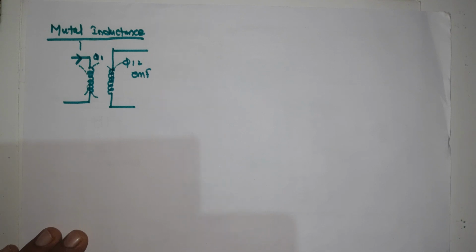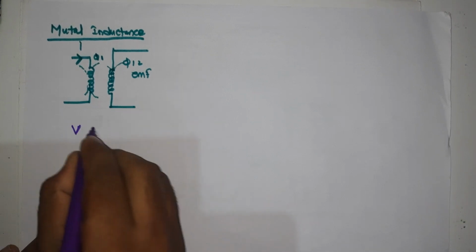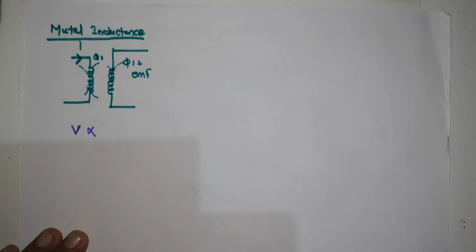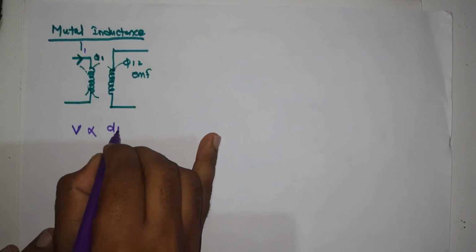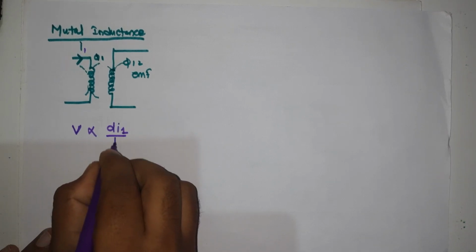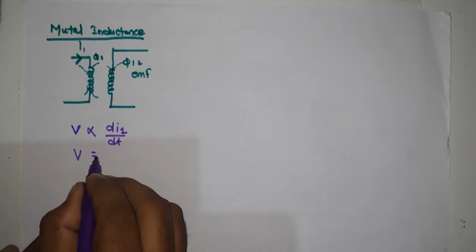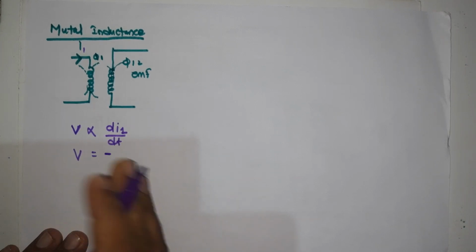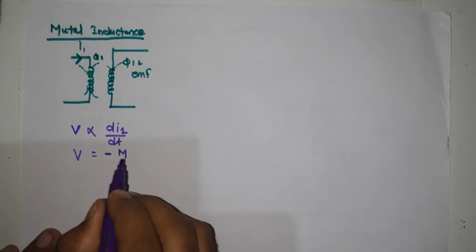So here we write, according to Faraday's law, this e.m.f. produced, V, is directly proportional to dI1 by dt. Let this be I1. So we can also write V equal to minus M dI1 by dt, where M is the mutual inductance.